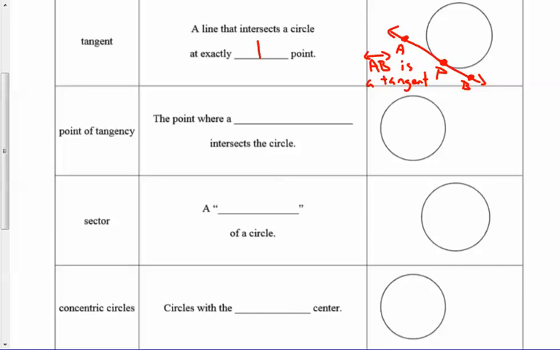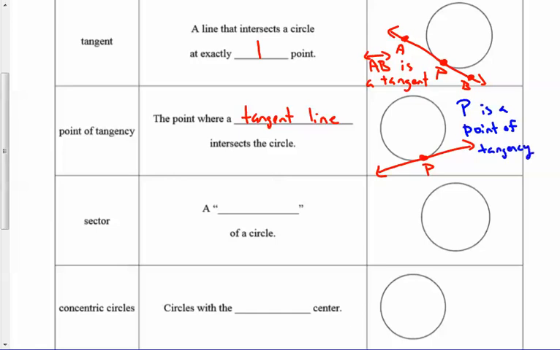Point of tangency. The point of tangency is just the point where a tangent line intersects the circle. So there's point P, and we'll say P is a point of tangency.